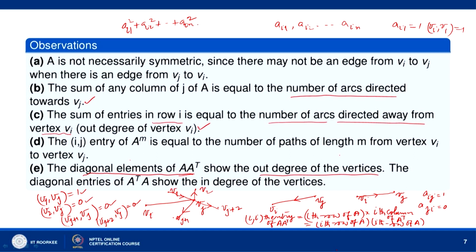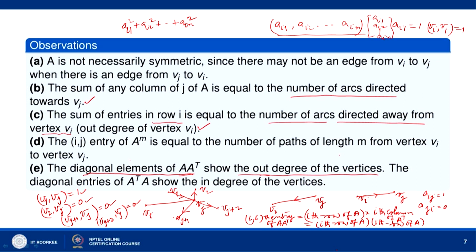So, we have the diagonal elements of A A transpose as the out degree of the vertices, because the ith entry is the ith row of A into the ith column of A transpose, which is the ith row of A into the ith row of A. The ith row of A is ai1, ai2, ain, and when you multiply this row by the column ai1, ai2, ain, what we get is ai1 square plus ai2 square and so on up to ain square.